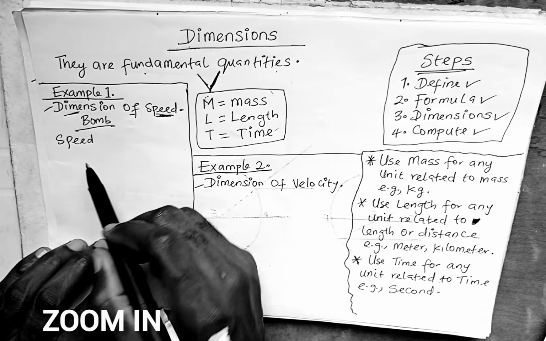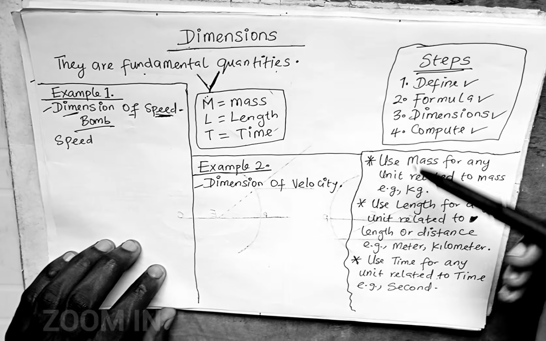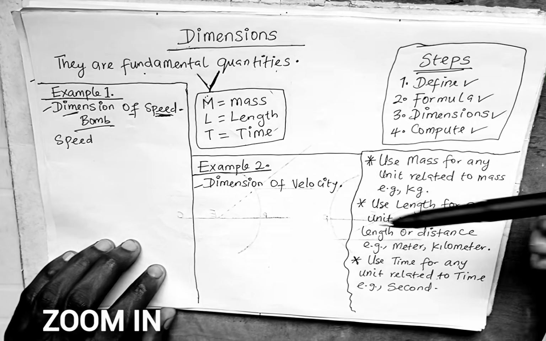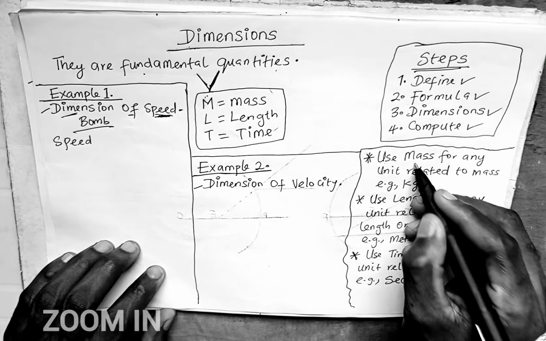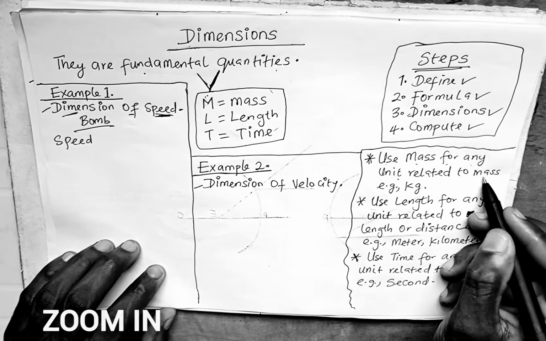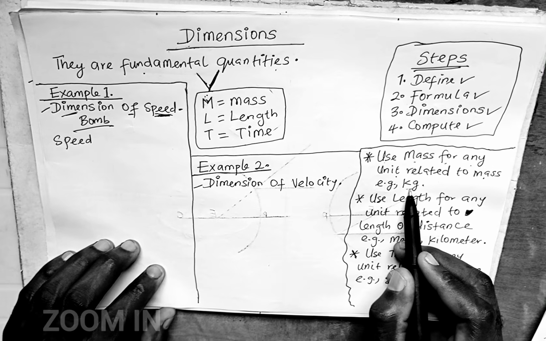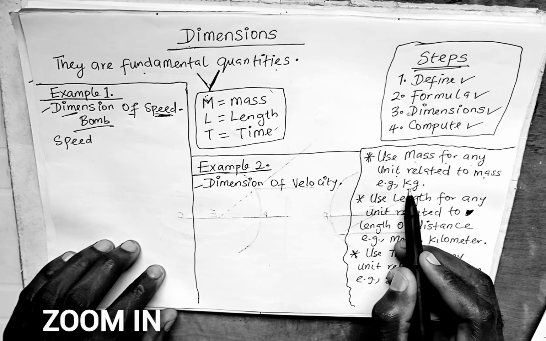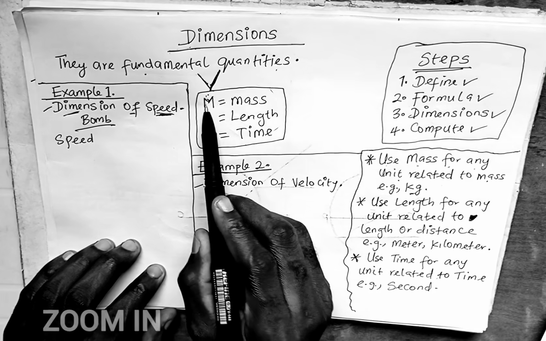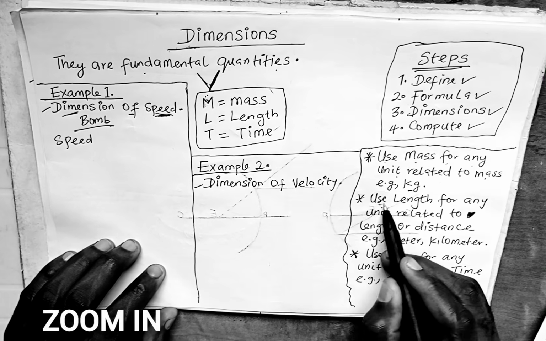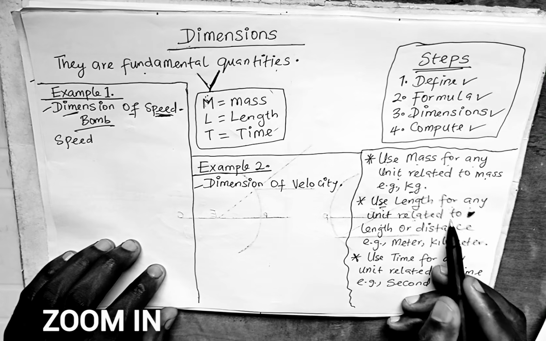Before we start, let's quickly look at an important consideration. Use M for any unit related to mass. For example, if the unit is represented in kilogram, you represent that kilogram with mass. Use L for any unit related to length.